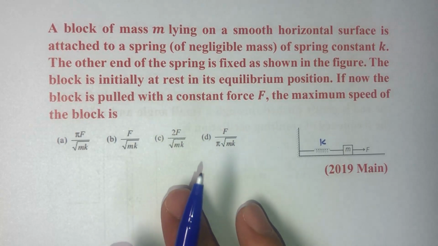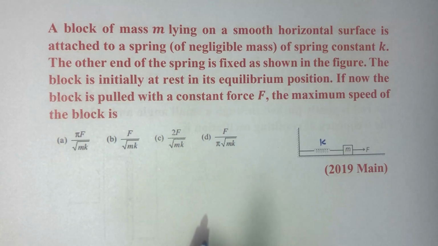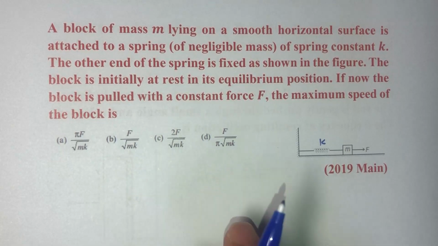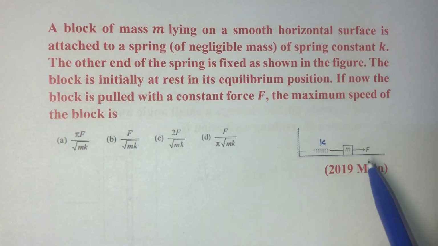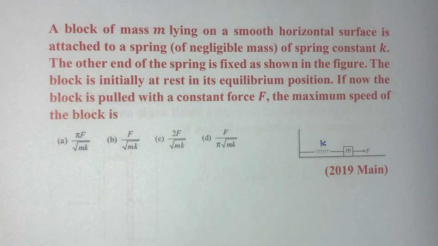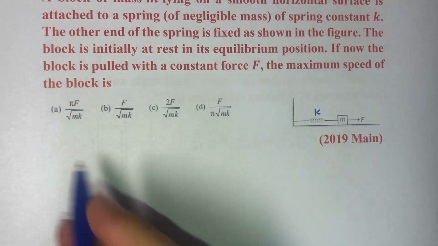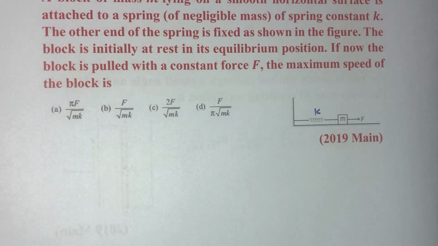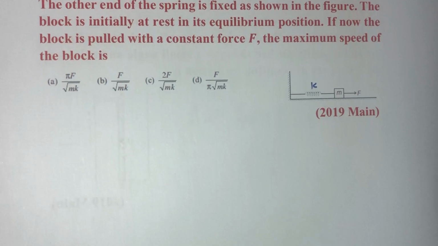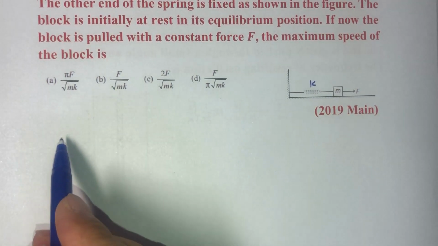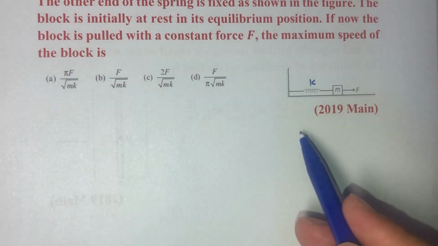Before going to the solution, let me give a brief introduction on how the energy behaves when the spring is under a force and the mass is attached to the spring. This can be explained using a figure. Let us draw a figure.